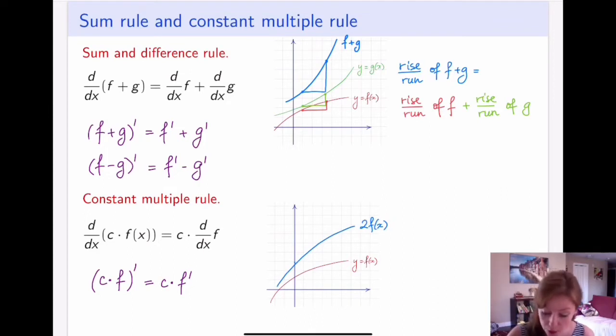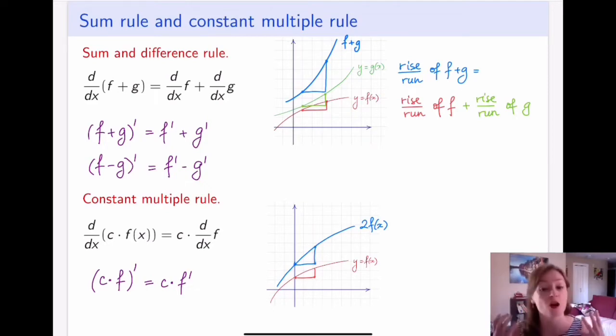And then if I were to take some points on it, let's say the rise over run between these 2 points here and the 2 points on my original function, you notice that the run doesn't change. So this sort of denominator thing stays the same, but the rise now increases. So the rise over run can still be computed from the original function, but they've been now stretched out by this factor c. Okay, so these are some of the basic rules.